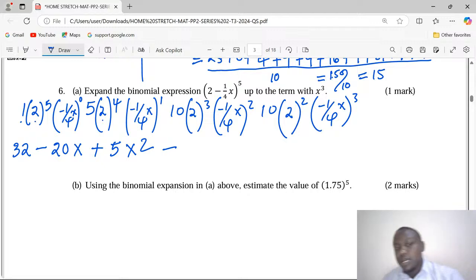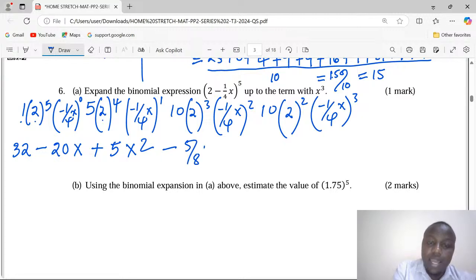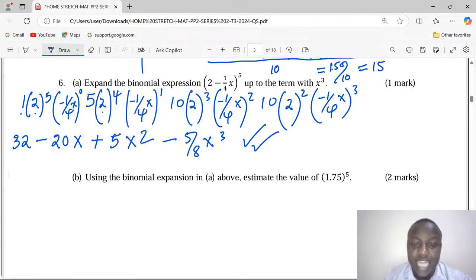Then minus, finally, we'll be talking of 10 by 2 squared, which is a 4. That's 40. 40 multiplied by negative 1 out of 64. Yeah, 1 out of 64 because of 4 power 3. And that will give us negative 5 over 8 x power 3. This is now the expansion up to the said term.